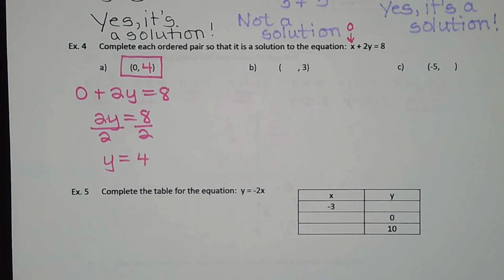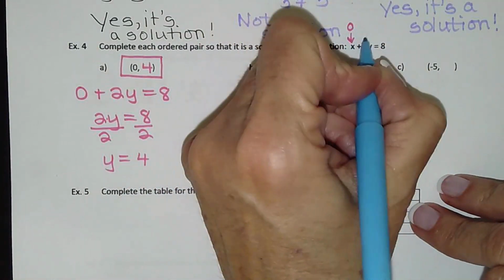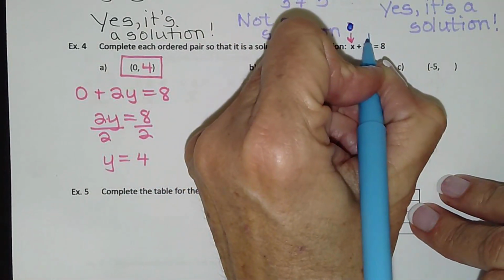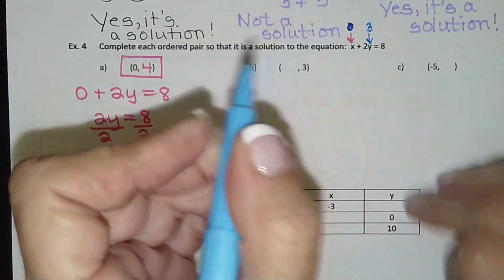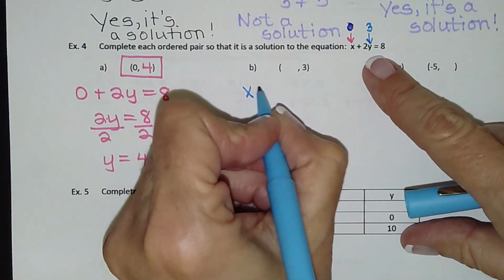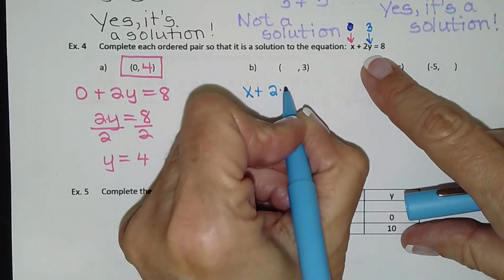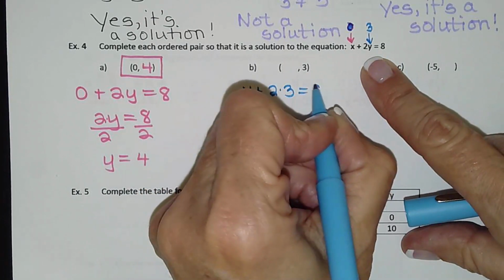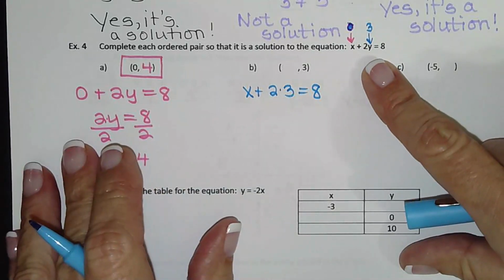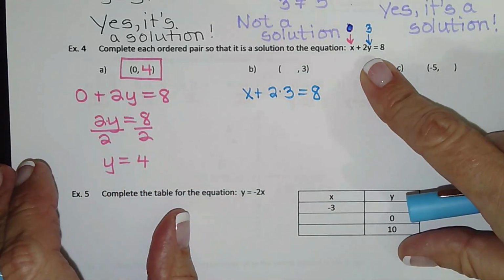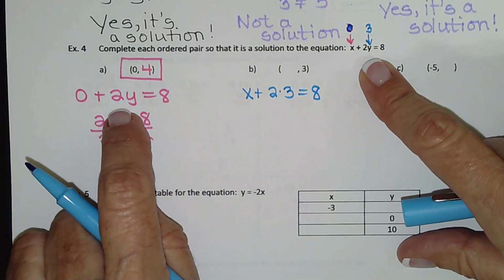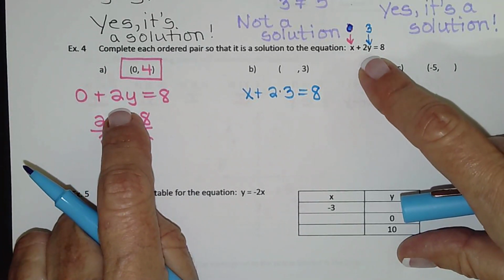Next we have y is 3. So we write x plus 2 times 3 equals 8. And again, we're not doing a true or false statement. We're solving the equation for whatever letter is there, either x or y.